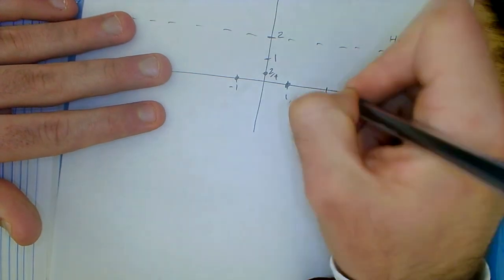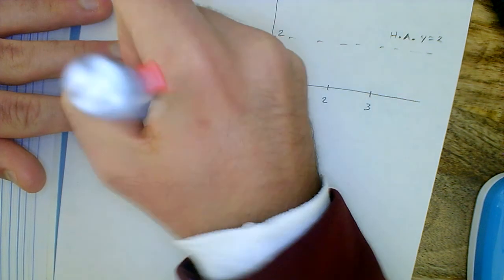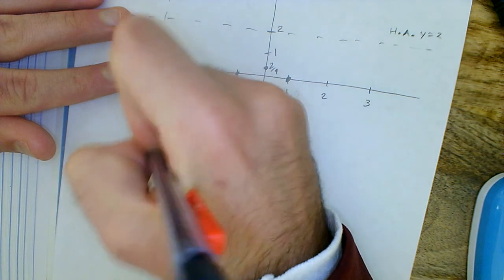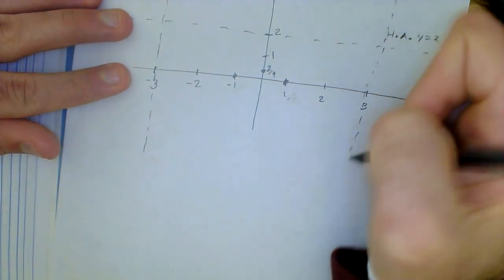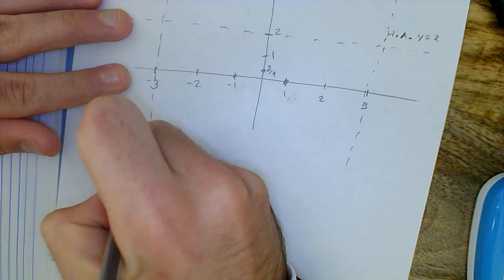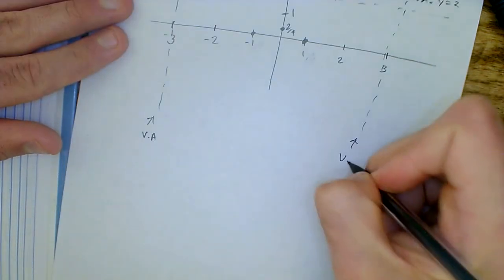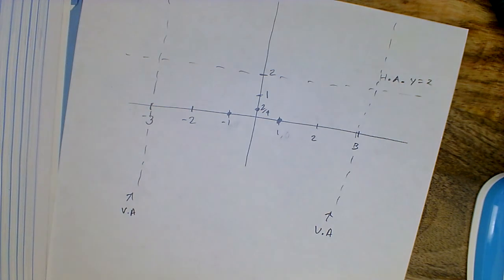And it has 2 vertical asymptotes at 3 and -3. So we found out all that information.